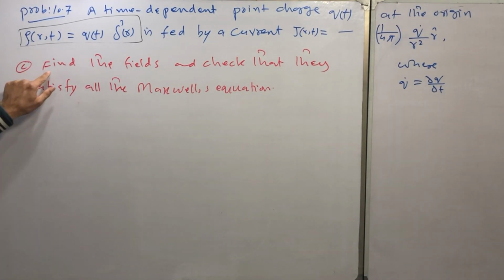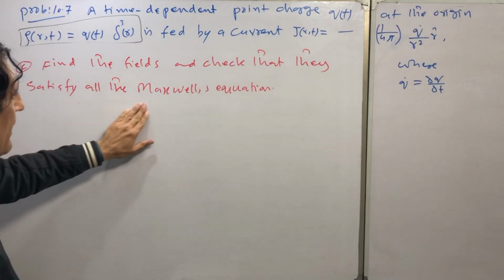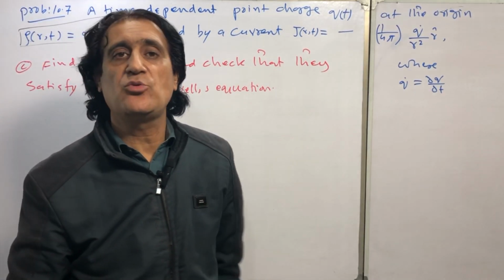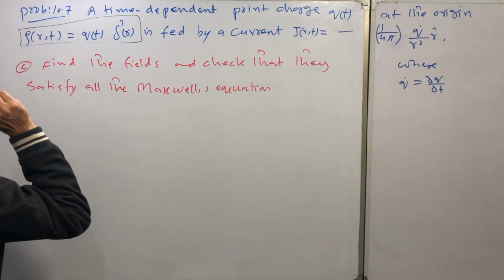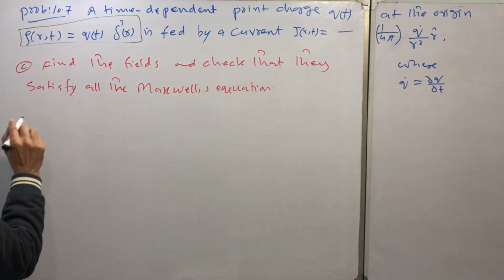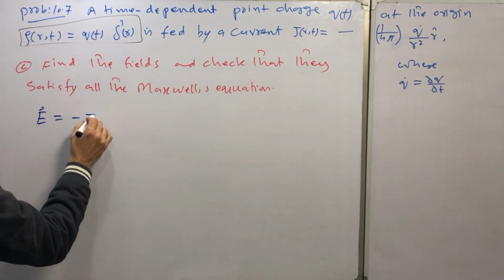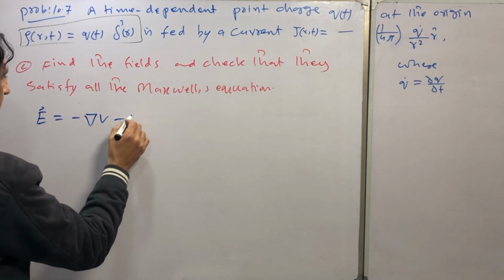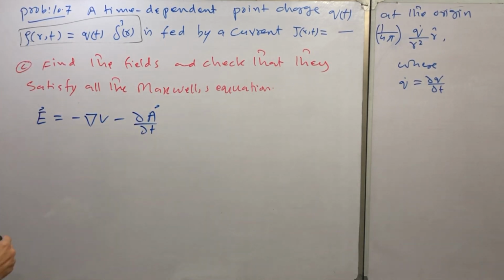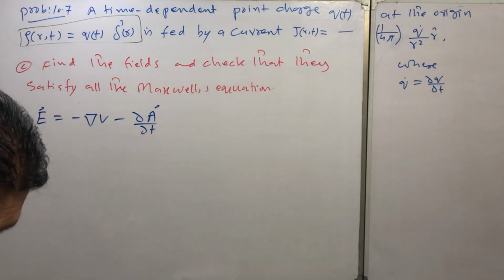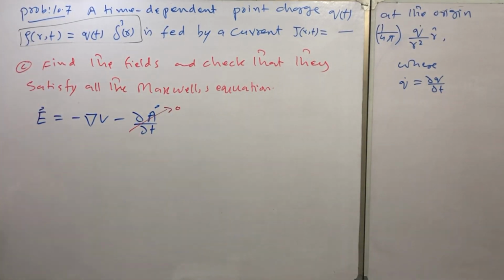Part C states: find the fields and check that they satisfy all of Maxwell's equations. So we need to find the electric field and magnetic field. The electric field is equal to minus del V minus partial A divided by partial t. We know that A is equal to 0, so this goes to 0.